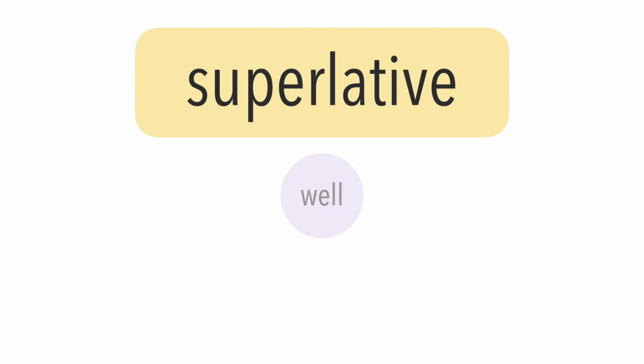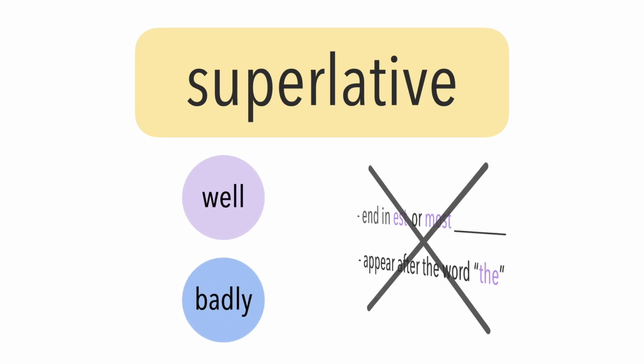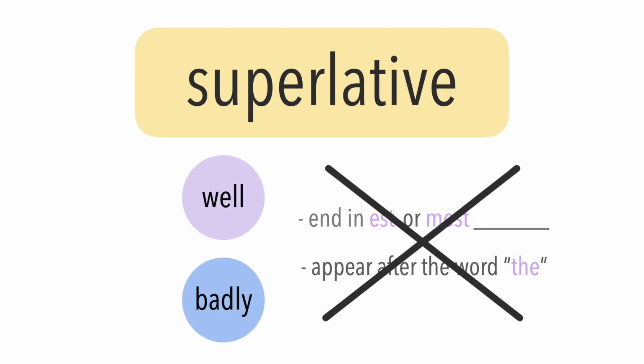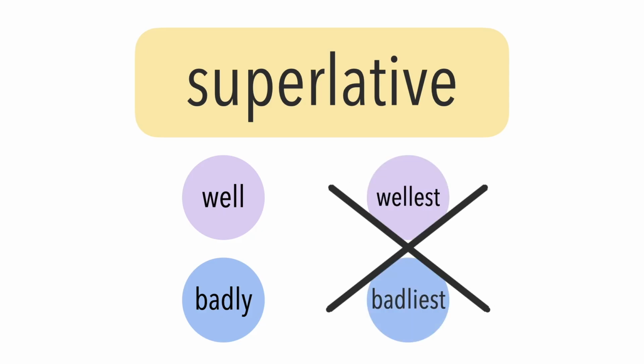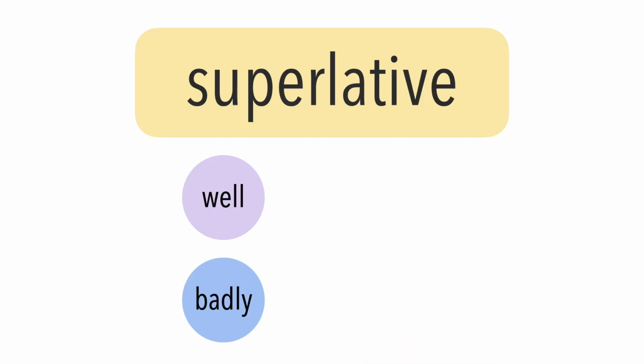The irregular adverbs, well and badly, don't follow the typical superlative pattern, though. We don't add est and say wellest or badliest. The superlative forms are totally different words, best and worst.